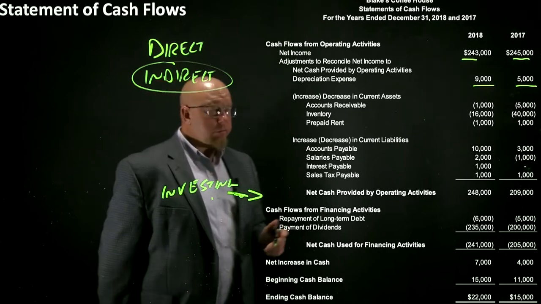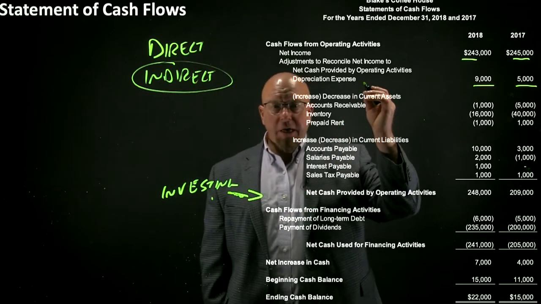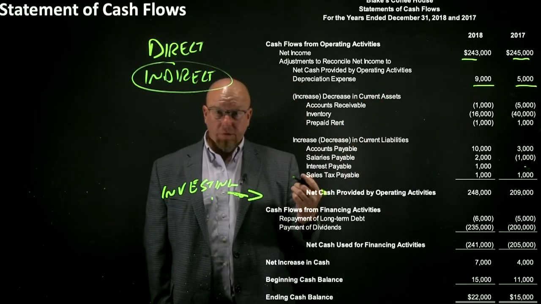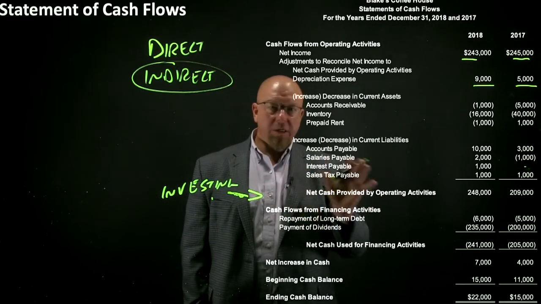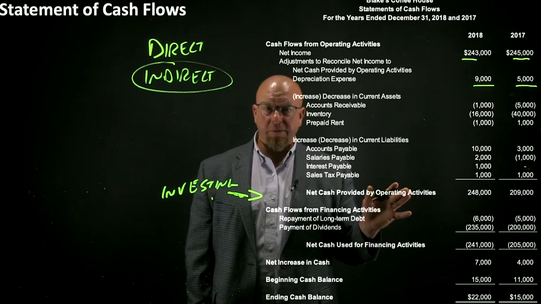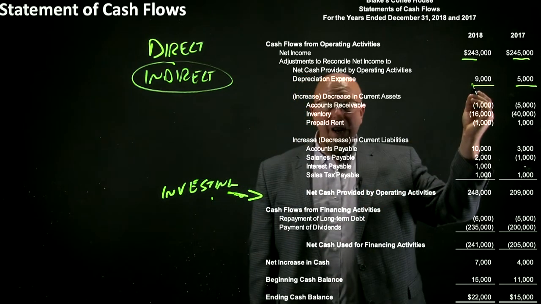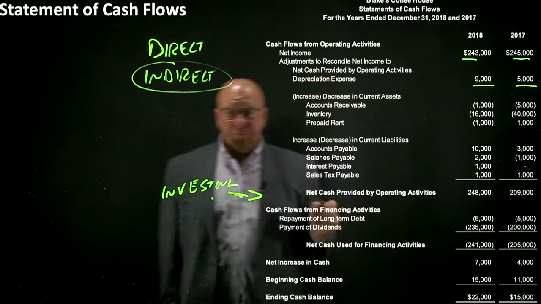Now, depreciation expense does make our net income lower on the income statement, but it does not affect cash. We don't need to spend cash to incur this expense. So we actually add this expense back to net income.